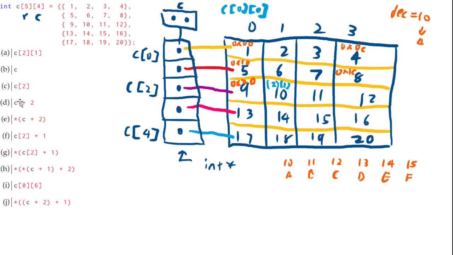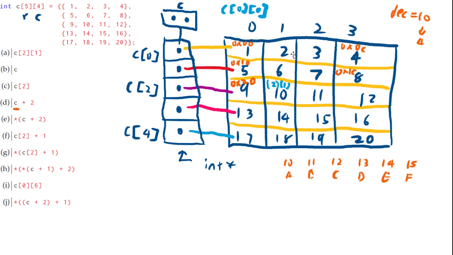So let's look at this. In here, we are using C plus 2. What is the value of C? The C address is actually the same as C0, okay? C is pointing at the first element. If we did not dereference, we are not traversing in this direction.